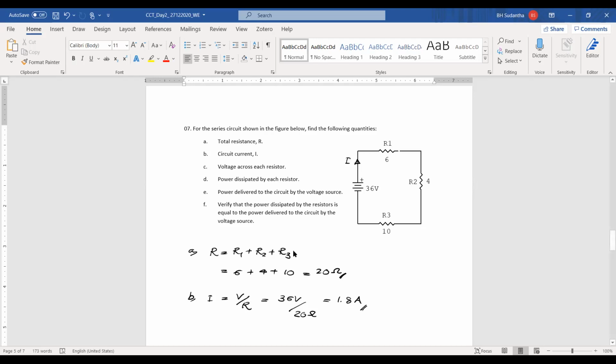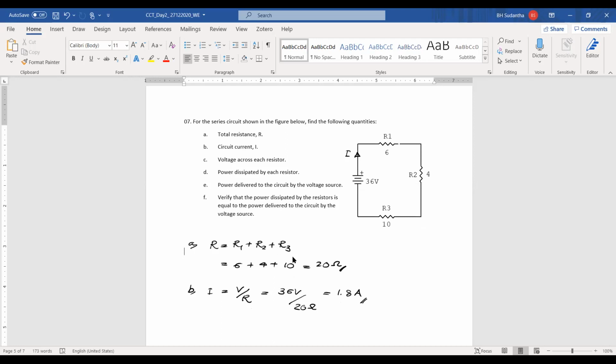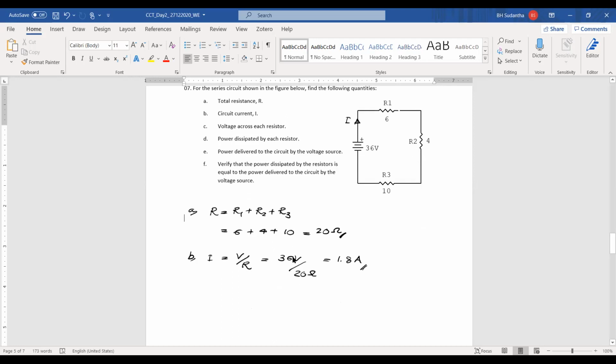Okay, the voltage across each resistor. In part C we can find VR1. VR1 means I into R1.